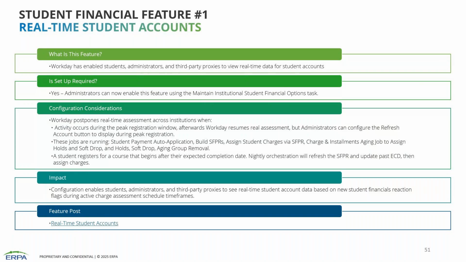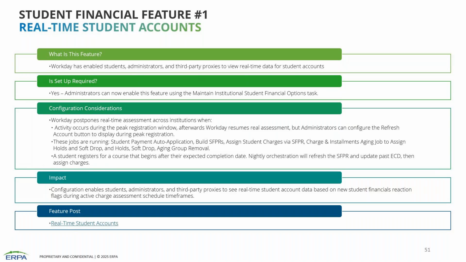Any student financial reaction triggers an immediate update to student charges, student waiver payments, account balances, and/or hold removals. Now, prior to this update, this was only processed during nightly orchestration, that job run, or perhaps the manual task of run student financial processes, or more recently, that refresh button definitely helped quite a bit, but only if we remember to use it.